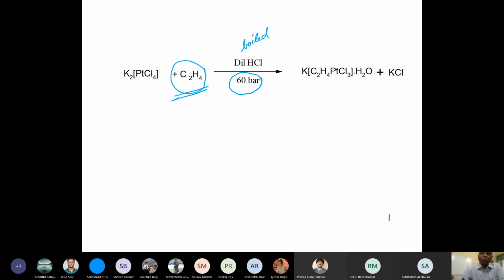And this is +2 oxidation state. And here also the platinum is in +2 oxidation state. If you remember the synthetic methods that I just described to you, everywhere there was a reduction involved. In this case, there is no reduction involved.